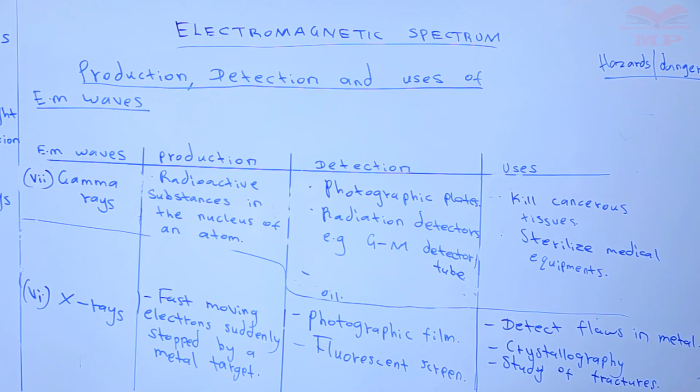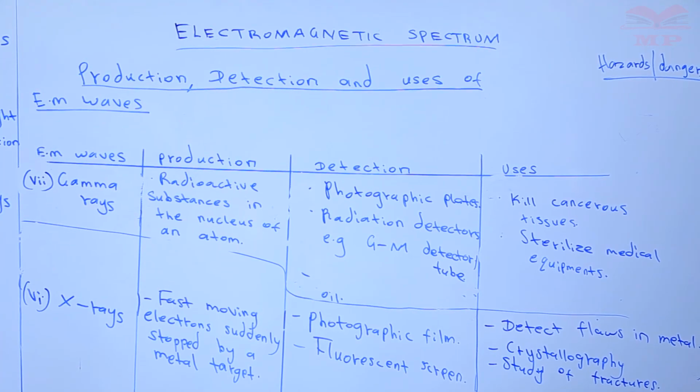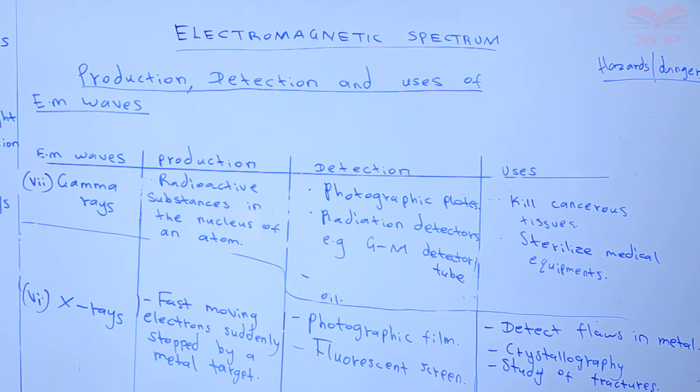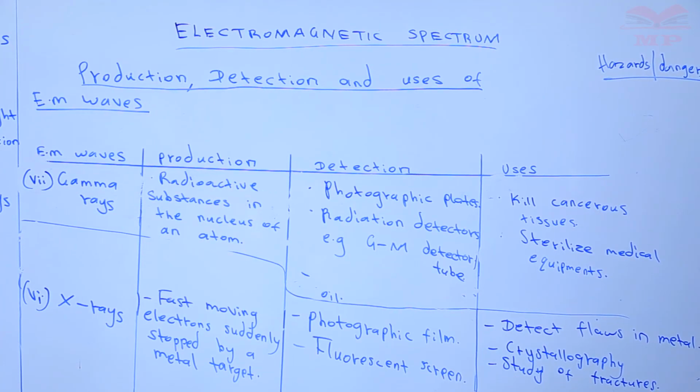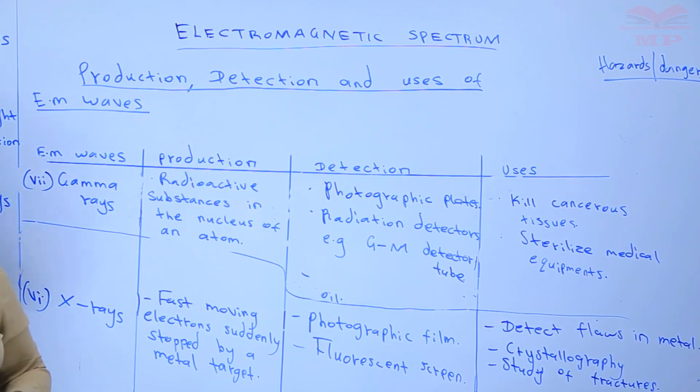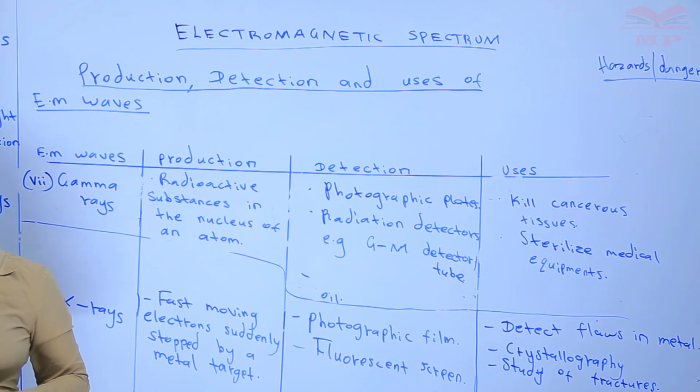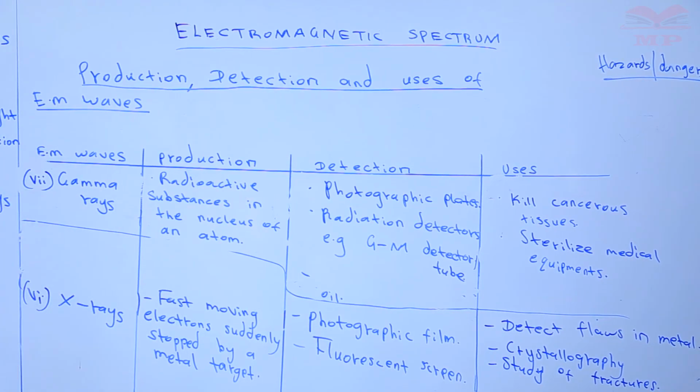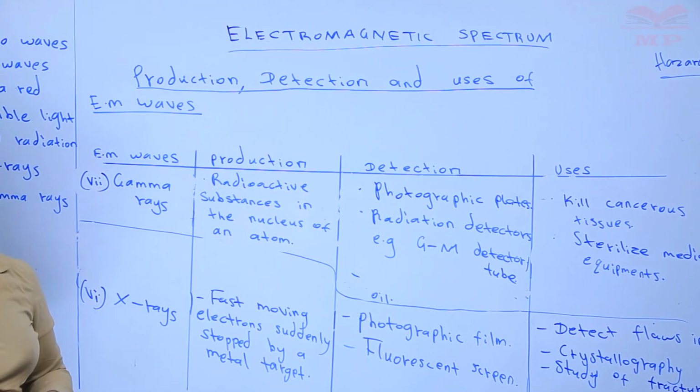Number 2, how is the UV radiation detected? And lastly, how are the X-rays detected?